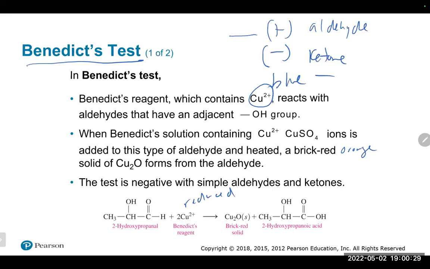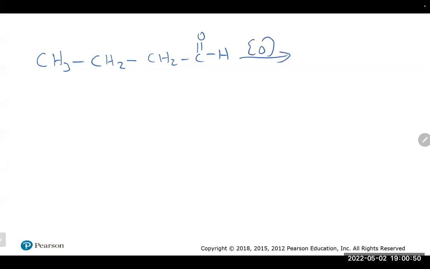Question on that? So once again, if I had my compound and I threw it through an oxidation, what is going to happen is this is an aldehyde. At this point, it will be oxidized to a carboxylic acid.